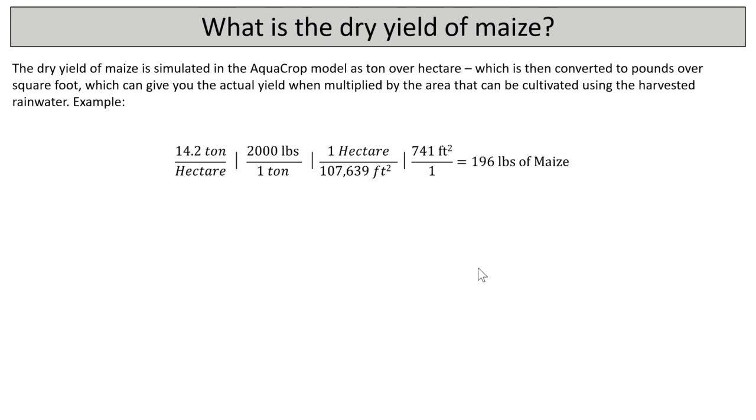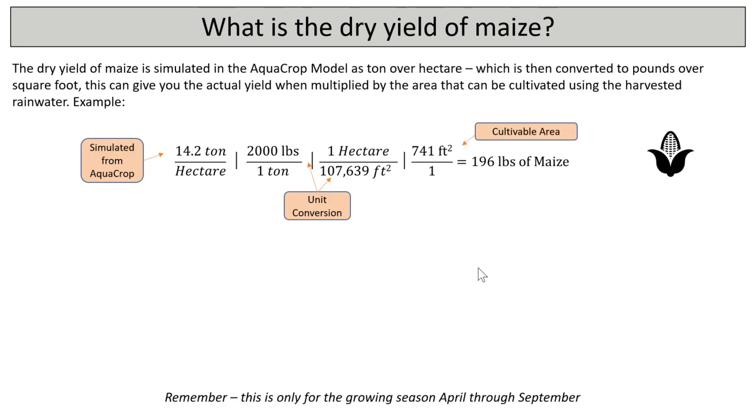So here's an example. If the model simulated that I can harvest 14.2 tons of corn per hectare during the growing season, when you convert that and multiply it by the area that can be cultivated for a normal precipitation year of 741 square feet, we get a harvested dry yield of 196 pounds of maize.